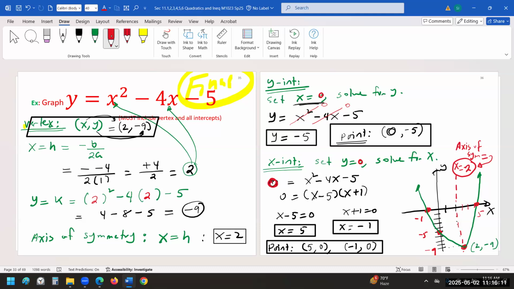And x is equal to this three. Negative 3 squared is negative.